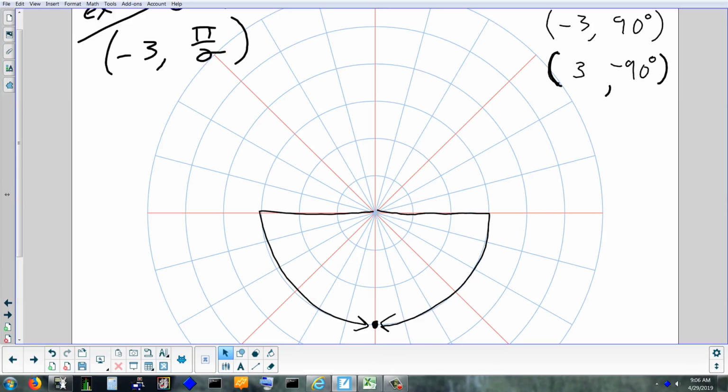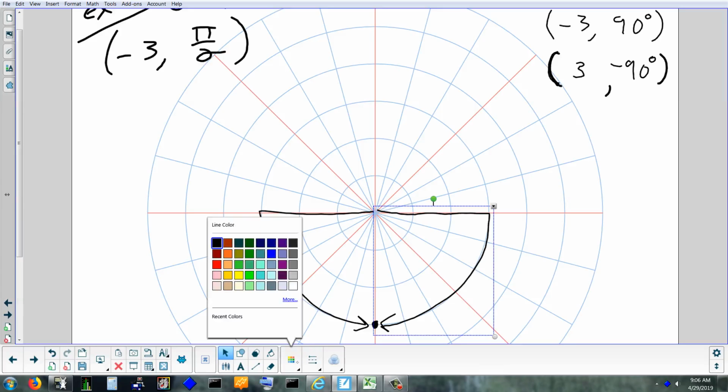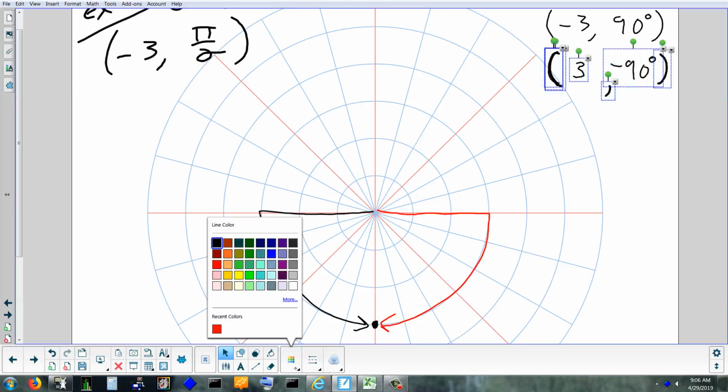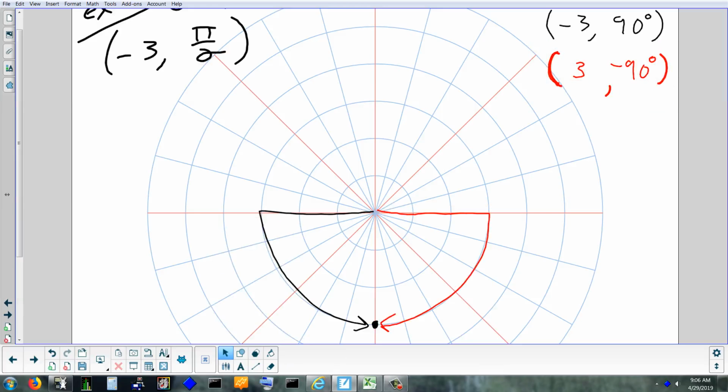And what I'll do is, let's make it red. Okay, so that's another way I can get to the same point. Oh, the colors aren't working. How about another way, besides those two? 3, 270. All right, let's try that.